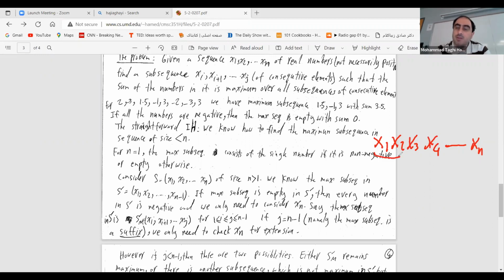So, okay, now what do we do with x1 and x2? Say you have computed the best solution so far. If x1 was the solution, and then you come and read x2. If x2 is positive, then what do you do? You add to the previous.